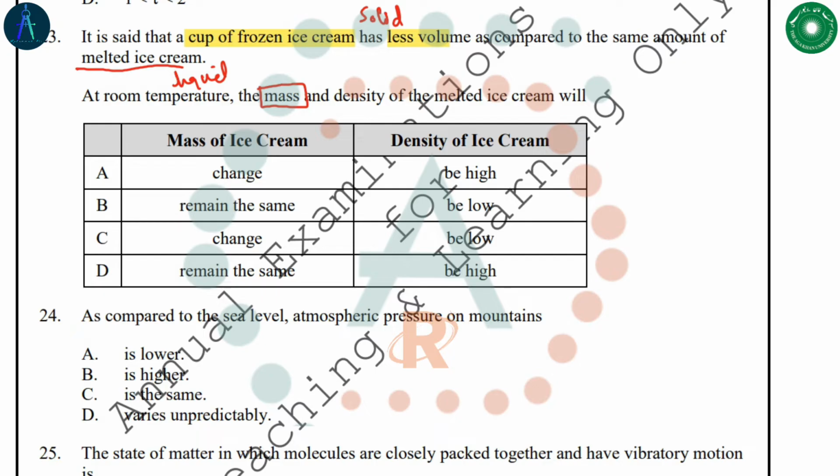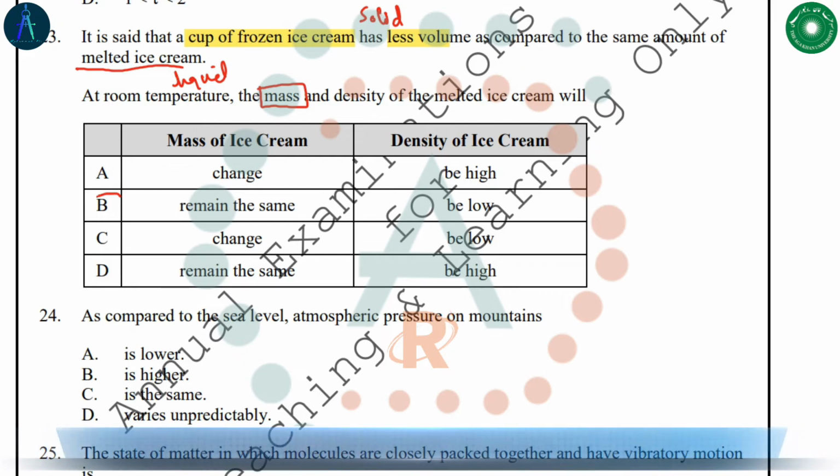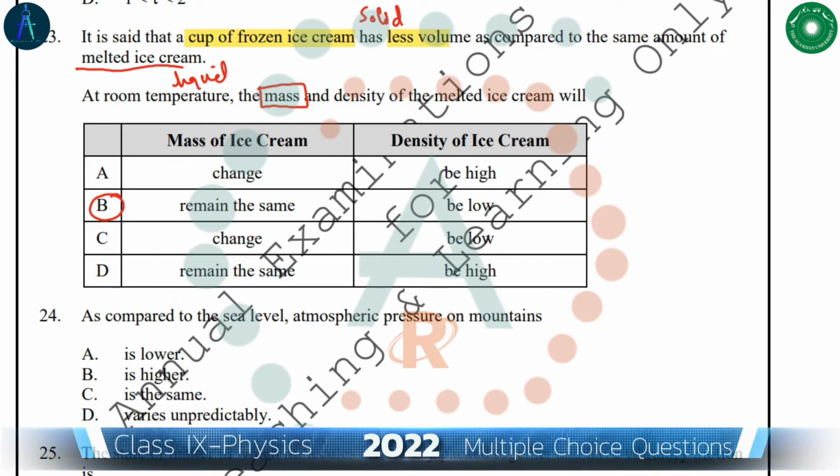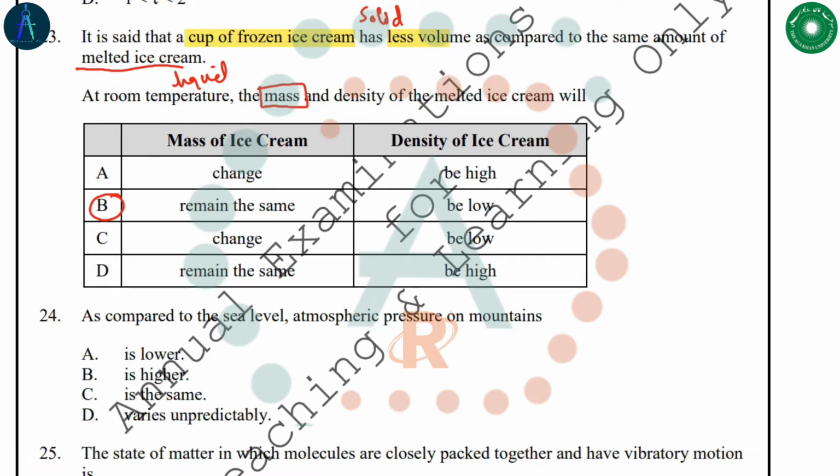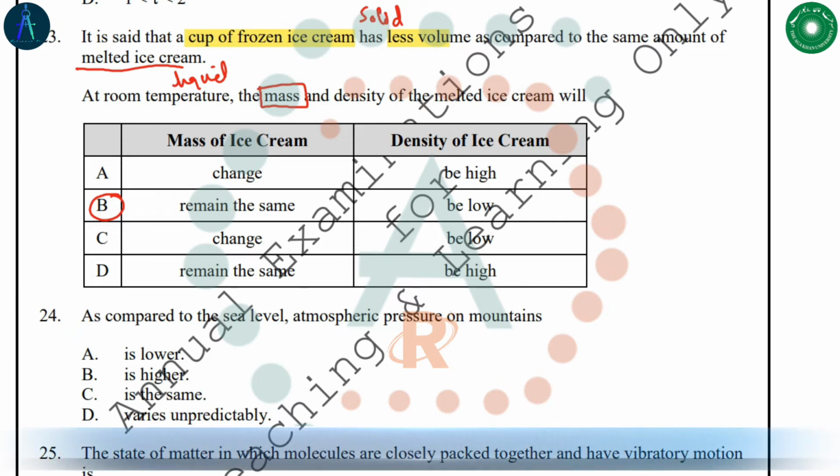So the correct answer would be option B: the mass of the ice cream will remain the same while the density of the ice cream will be low, because the melted ice cream takes the greater volume, the greater space, and with an increase in volume, the density will be low.